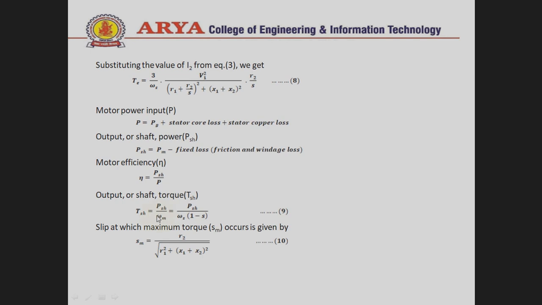Then we put the equation of rotor speed. The slip at which the maximum torque occurs is given by Sm. When we simplify the equations, R2 by the square root of R1 square plus X square is given by this equation.